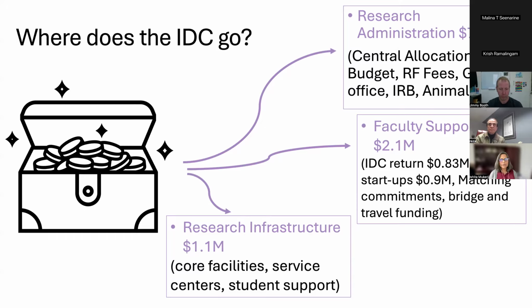It's still going for most of these same things. There are some campus-wide salaries that are supported by IDC, like for security and safety. I didn't list them here, but we pay for hazardous waste, things like that that come up. They're not as large as these amounts, so I didn't list them all. Okay.